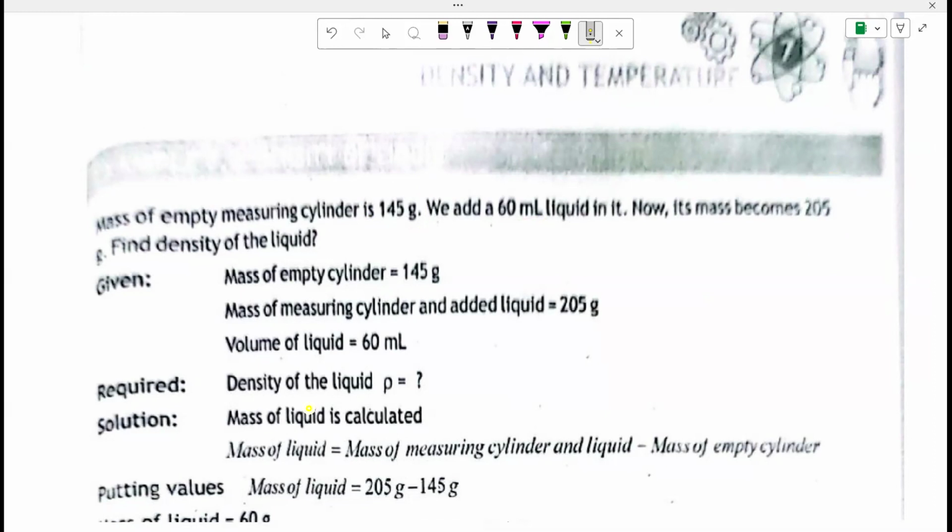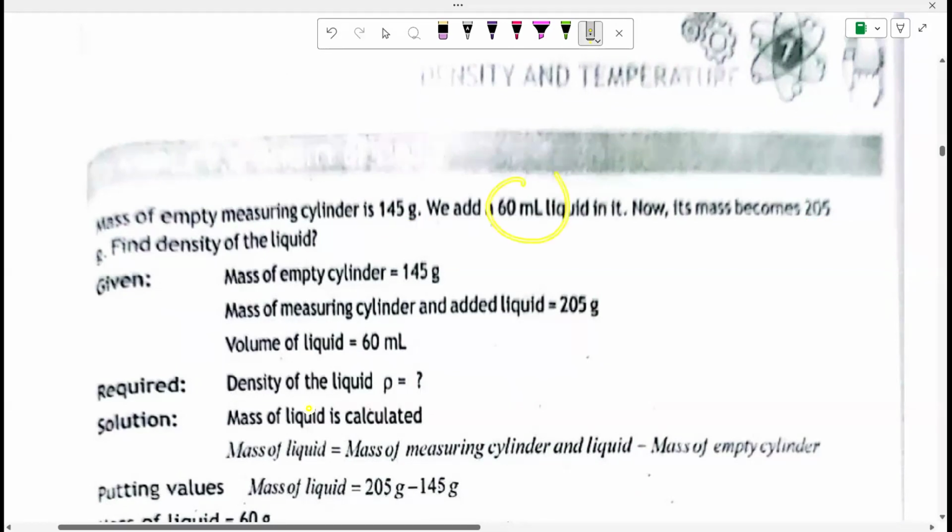Hamna, how would we find out the mass of liquid? We will measure it by the mass. We'll subtract the mass of the cylinder with the liquid minus the empty cylinder. So the 205 minus 145 would give us the mass of the liquid only.